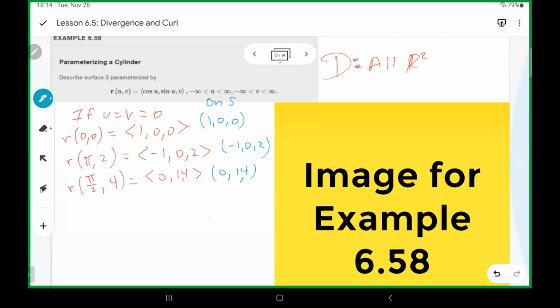Okay, so those three are all on S. Although plotting the points may give us an idea of the shape of the surface, we usually need quite a few points to see the shape.